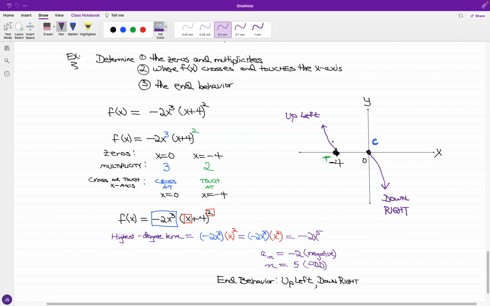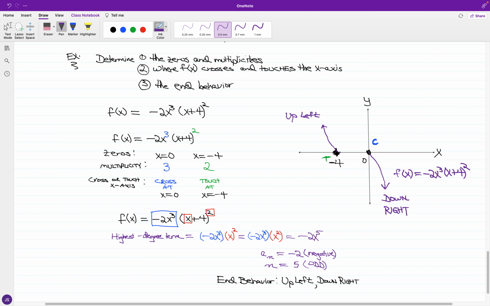And if I were to display what I have for f of x in continuous fashion, reading from left to right, you have the extreme end up to the left. Going from left to right, the graph is going down, and once I get to negative 4, the graph is going to touch.